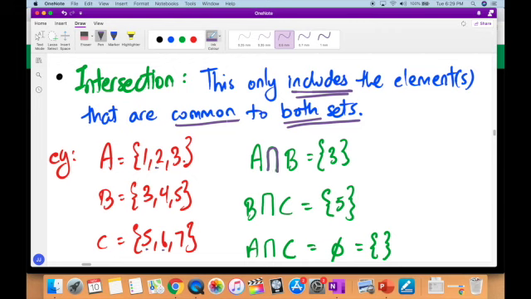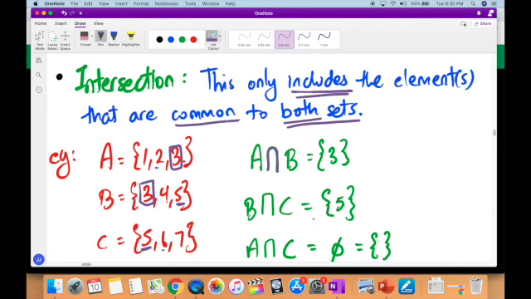So we can see here that A intersect B means that I only want those elements that are common to both A and B. We see here that 3 is common to both A and B, so A intersect B is just the set with 3, right? B intersect C, we can see here that B has 5, C has 5.